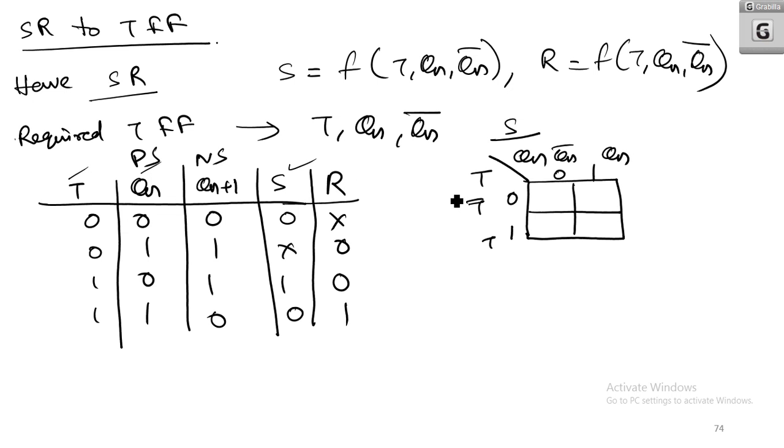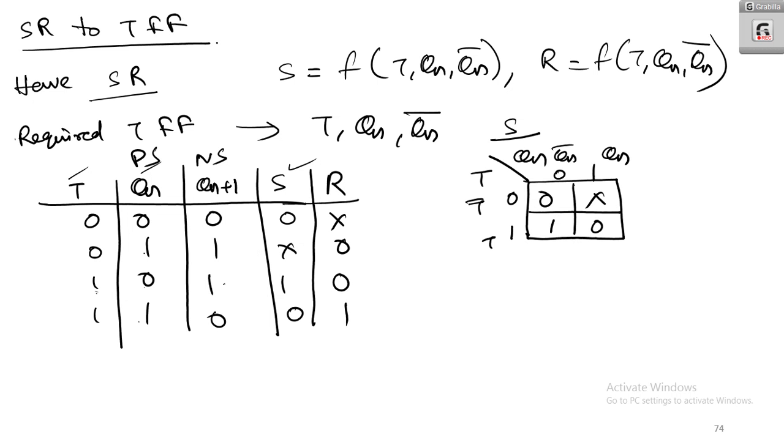Here, 0, 0 gives 0, and 0, 1 gives don't care. 1, 0 gives 1. 1, 1 gives 0.